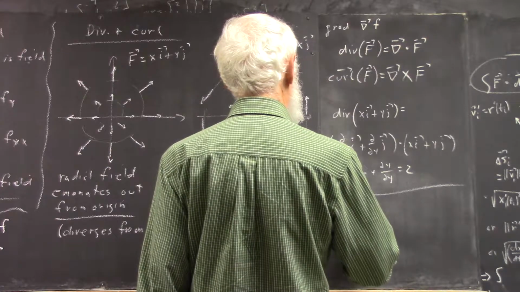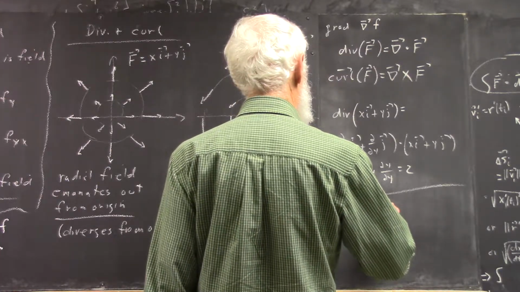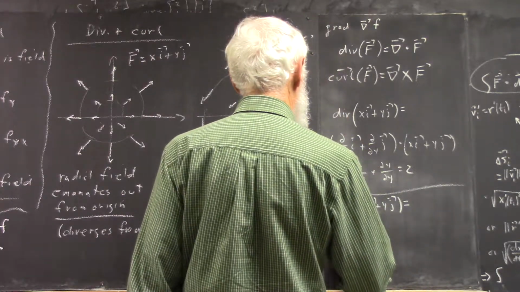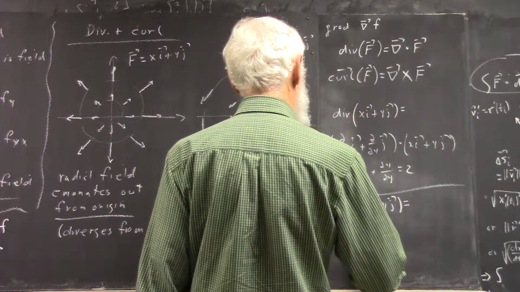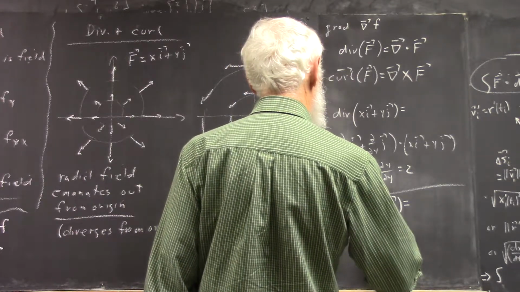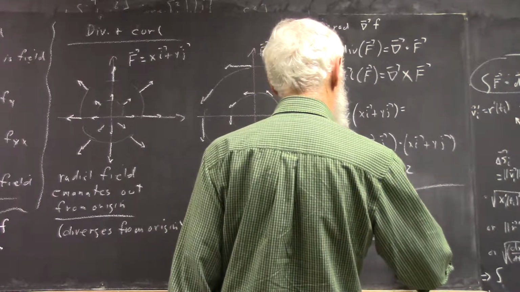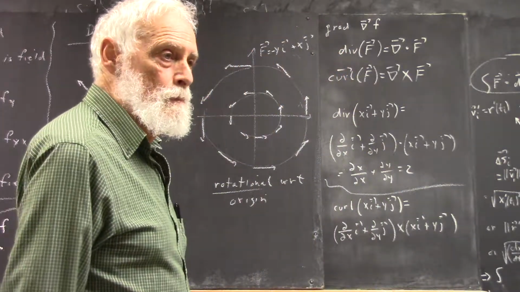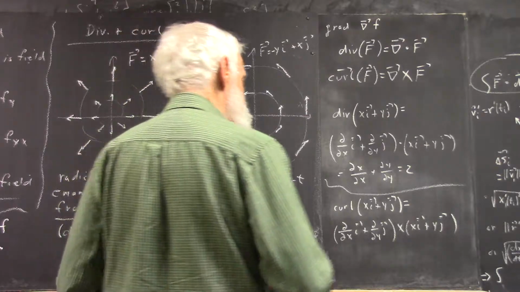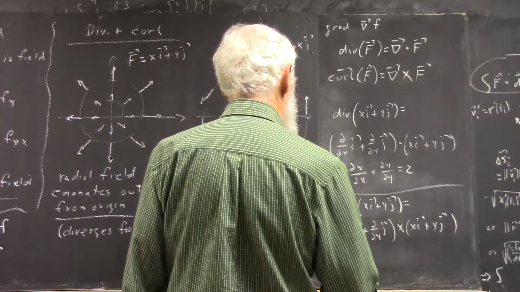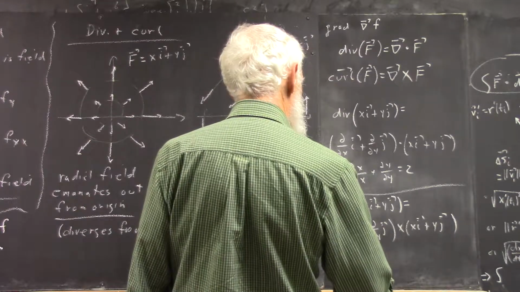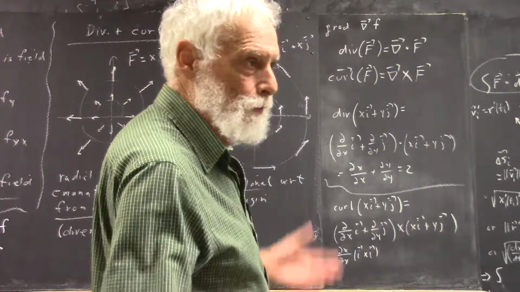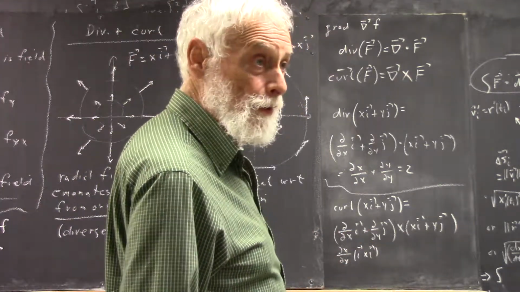And let's do the curl of the same field. Okay, so there's the cross product, right? Which means it's a partial of x with respect to x times i cross i, just using the distributive law, which is really the most fundamental way to understand it.